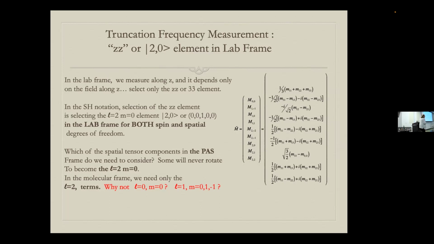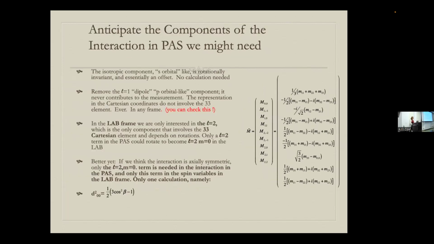That's clear to everybody? So we're going to learn about that and play with it because it's a warm-up exercise, but we don't do anything with it. We've got a simplification. Now, this is an explanation as to why, if you want to read that, but I think we've already gone over this. In the lab frame, we're only looking for L equals 2, M equals 0.